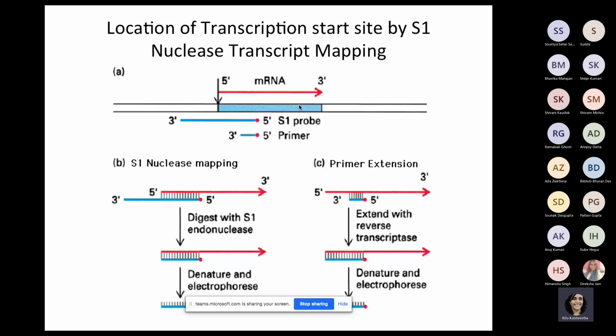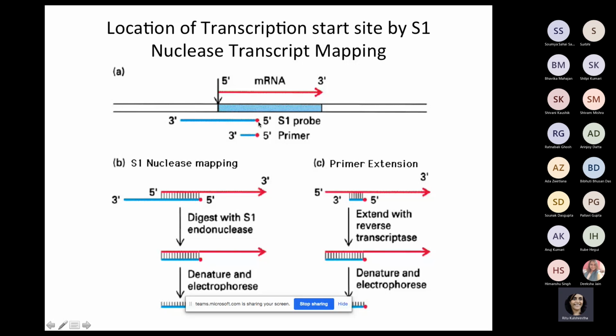It's only that, as I told you, as a molecular biologist you just have to remember the function of various enzymes and where you can put those into use. So anyway, one way is by S1 nuclease mapping. Let's say you know the region till here only and you want to further probe it. So you make the probe against that region towards the end of the transcript where you want to know the ends. If you want to know the 3' end, you will design a primer or probe from here, which goes up till here.